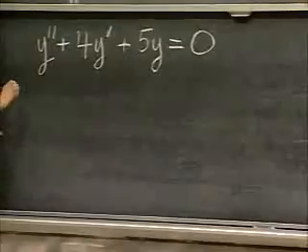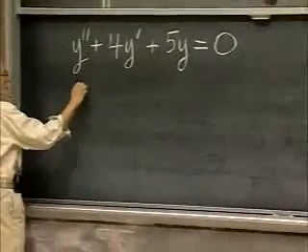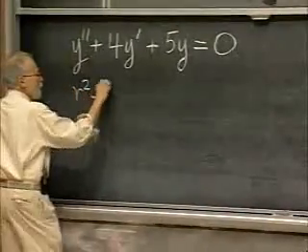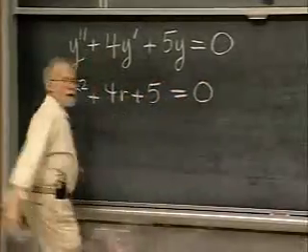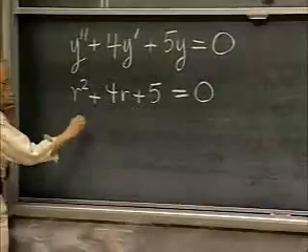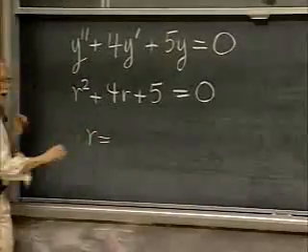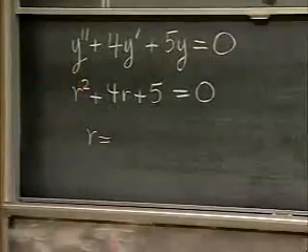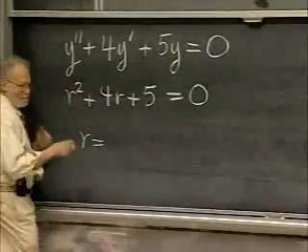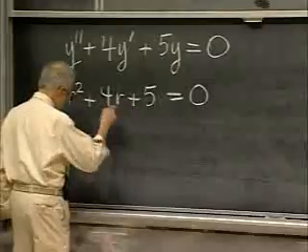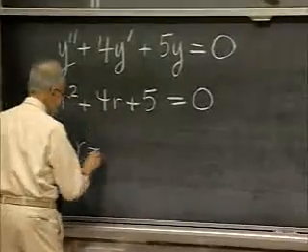Okay, the characteristic equation is now going to be r squared plus 4r plus 5 equals 0. And therefore, if I solve for r, I'm not going to bother trying to factor this, because I prepared for this lecture and I know, quadratic formula time.